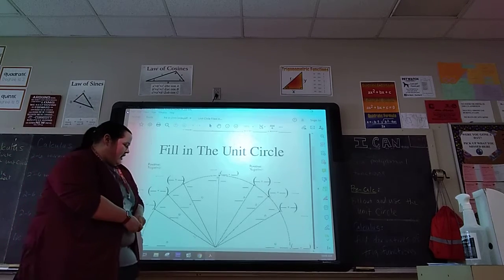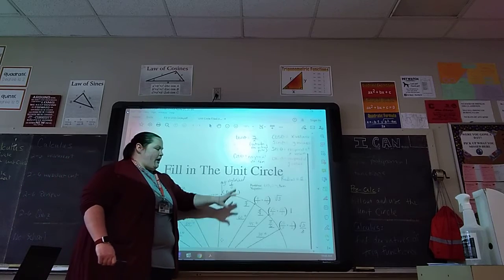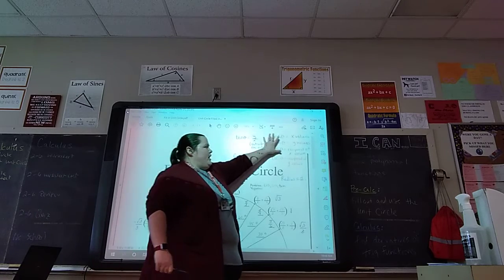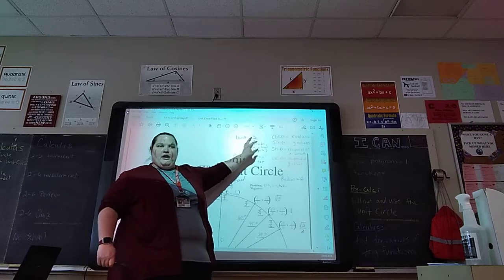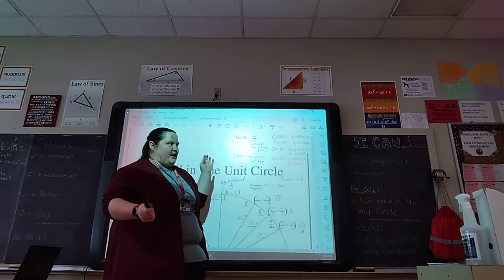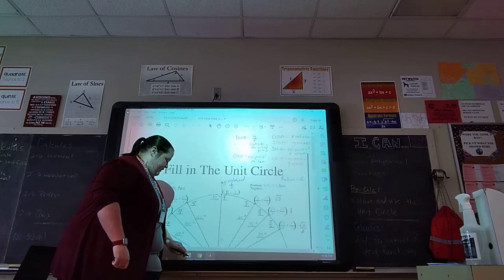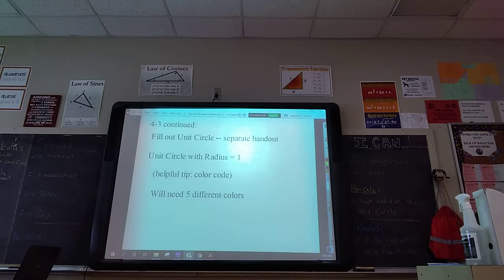So, like I said, our unit circle will eventually look like this. I'll show it to you a little bit at a time, but I will say if you are color coding, and even if you're not, you'll need a little code area so that you can say what colors are going to go with what values. Even if you're not color coding, you'll want to make sure you list that, so as you're going through, you won't have to remember every single time.